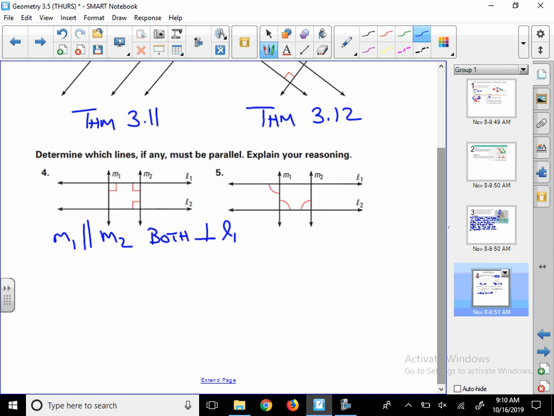And I know that L sub 1 has to be parallel to L sub 2 because they're both perpendicular to M sub 2. So that one's kind of tricky with all these right angles going on inside here. Pay attention to what is parallel or what's perpendicular to the same line.